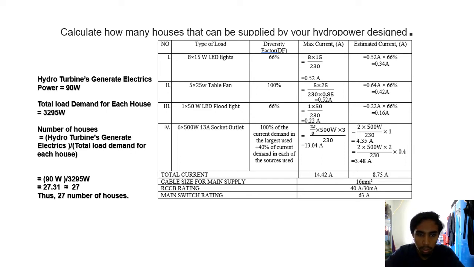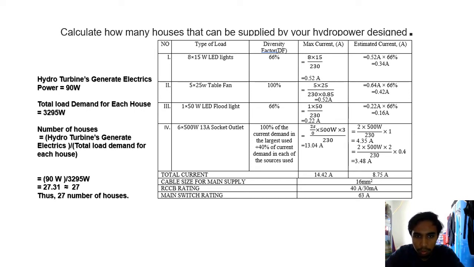For the table fan, we get 100%. For the LED floodlight, same as the LED light, 66%, and for the socket outlet, we get 100% of the current demand.